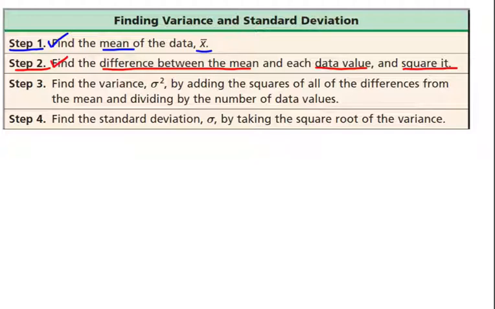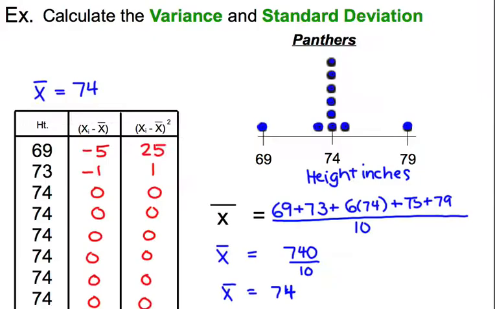Step 3 says find the variance. The variance, denoted by sigma squared, is adding up all of those squares in the third column. Okay? So let's go ahead and do that next. I'm going to do that in green.